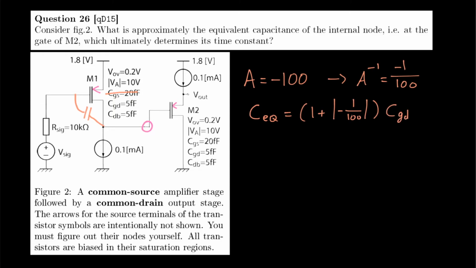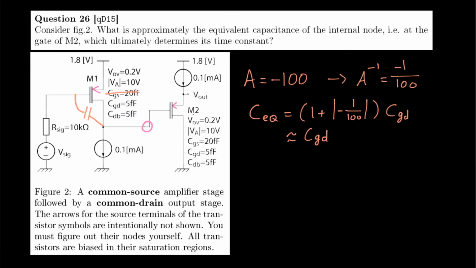But 1/100 is much smaller than 1, so it's pretty safe to say that C equivalent is pretty much equivalent to CGD. So we can say that it contributes to the capacitance at this node by just a factor of 1 with respect to CGD, but it does contribute to this node.